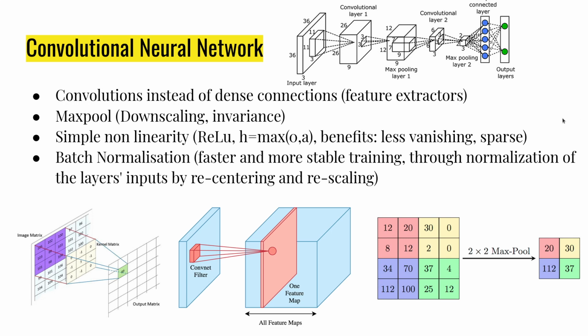If the input to this nonlinearity layer is less than 0, it will be forced to 0. Basically, max of 0, comma a. So less than 0 means it will be put into 0, which means that input is killed. That way sparsity is coming.